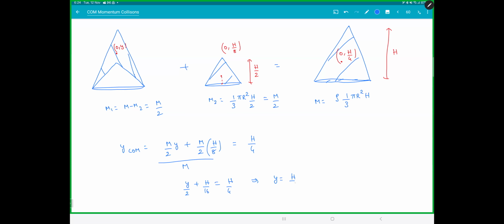Y is equal to h by 2 minus h by 8, 3h by 8. Check. Right, Ishana. Meaning masses are equal. That is an interesting part there. Please check your calculations where you messed up.